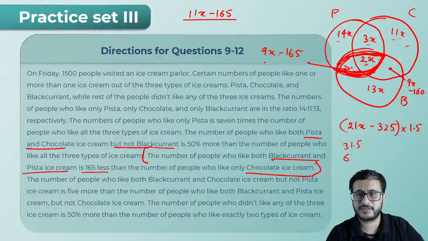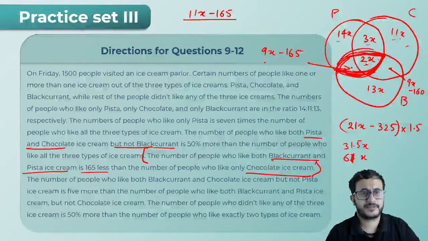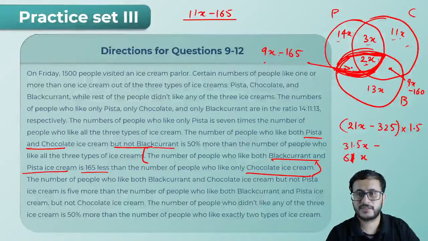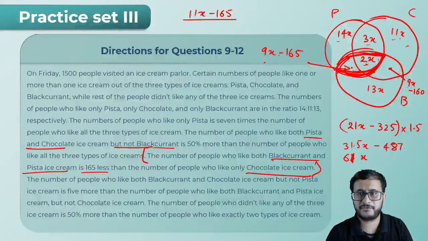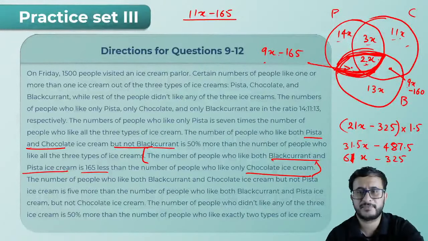That is 63, sorry, 61x in total of this. And minus will be, this is 325 into 1.5, you will get 487.5. Is there anything else to subtract? Yes, minus 325. Adding all of these gives 61x minus 325.